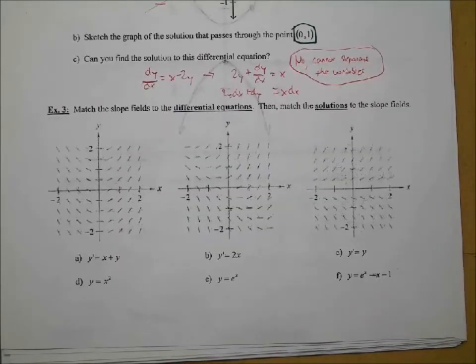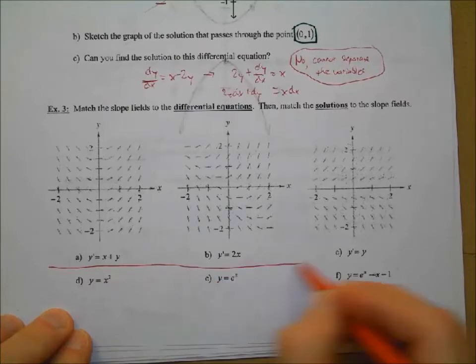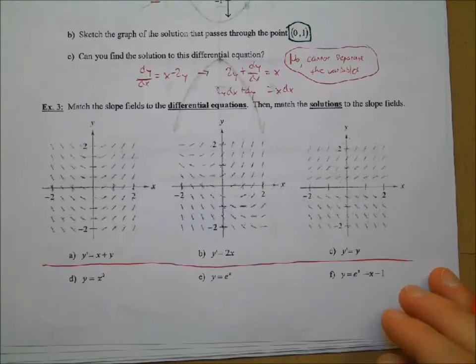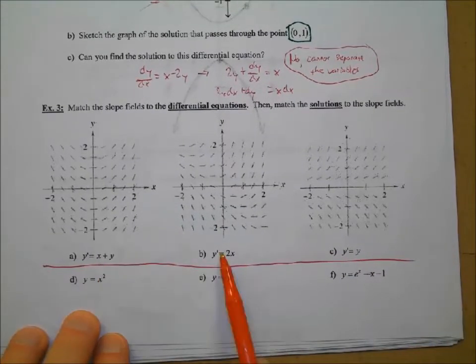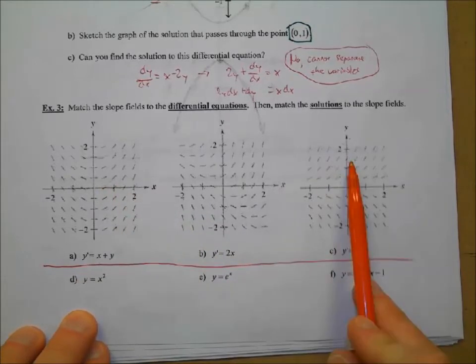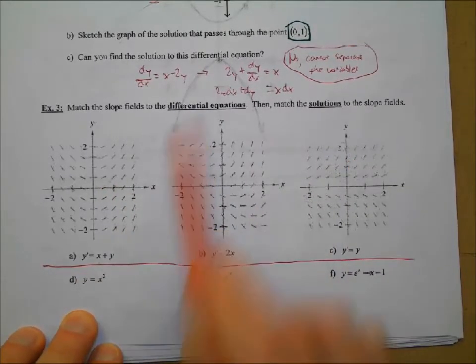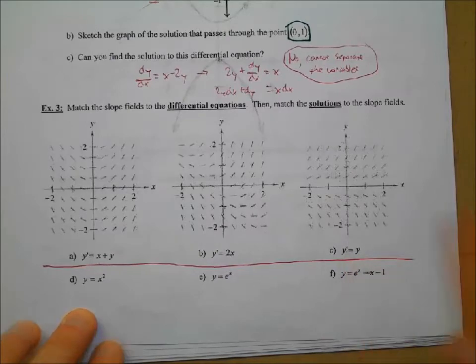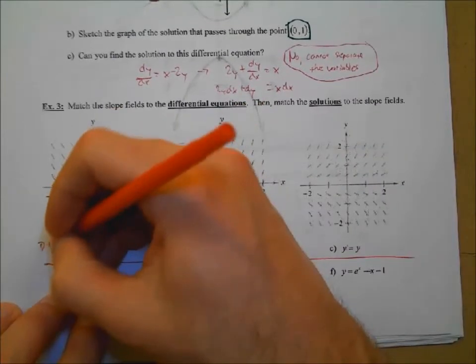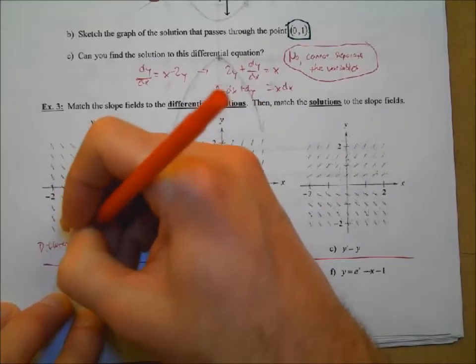Okay, all right, let's move on here to number 3. Why don't you guys go ahead and take a shot at this. So A, B, and C, these are your differential equations. You've got 3 slope fields here. Match these 3 differential equations, A, B, and C, to the slope fields that they would produce.